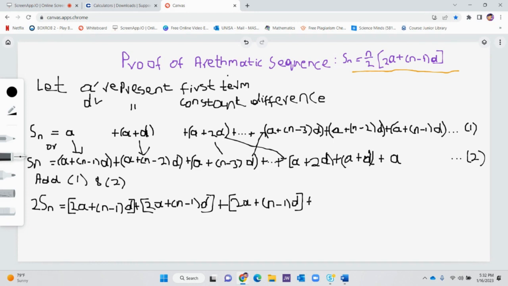Plus dot dot dot, plus, if you take this term and add it with this one, it's going to give us the same thing. We're going to end up with 2a plus n minus 1 d.